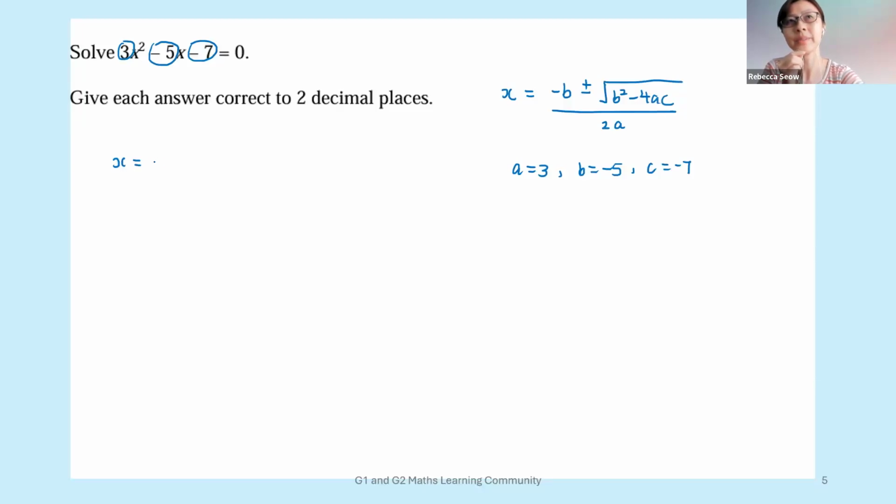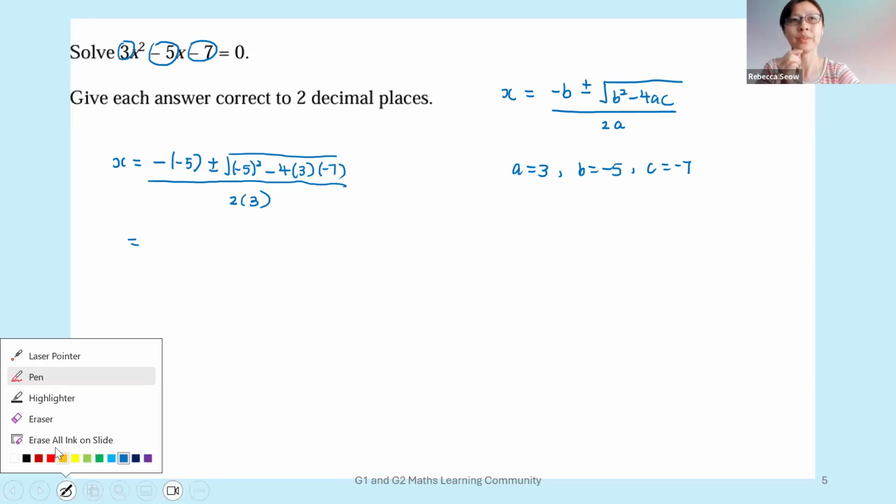X equals to -b. Okay, so negative sign goes there first, and b itself is -5. I need to put a bracket. Okay, -b plus minus square root of b squared minus 4ac out of 2a.